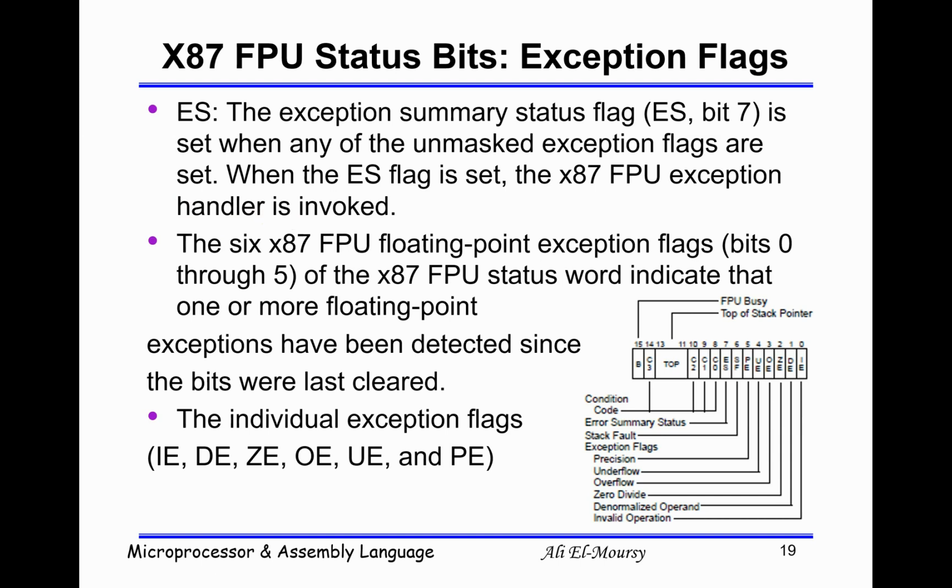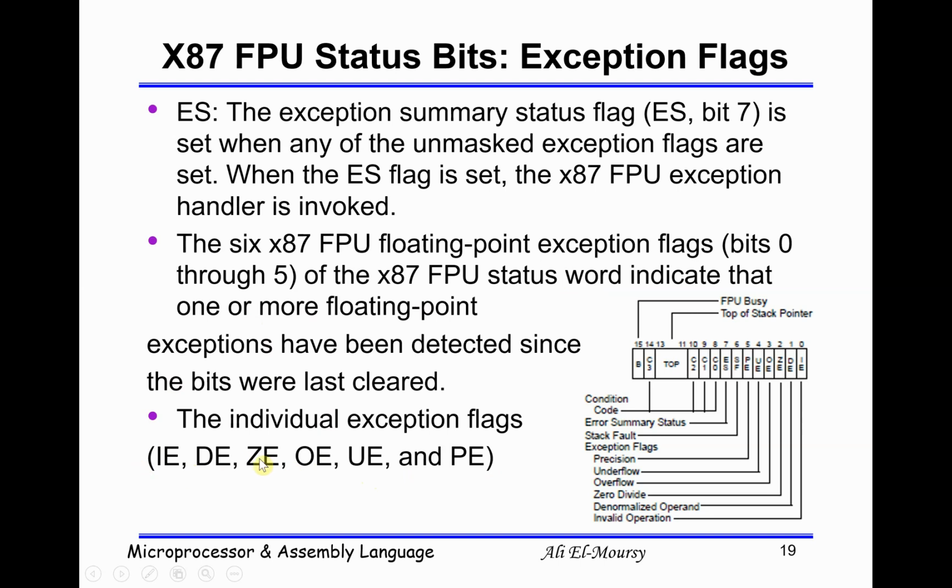So right now we will just mention what these flags are doing, and we will elaborate more on that in the interrupt chapter. The x86 floating point exception flags are bits from 0 to 5, and they indicate one of the individual exceptions that can happen here.